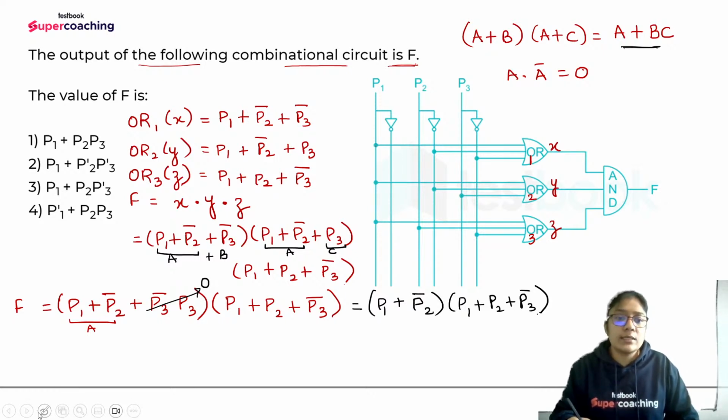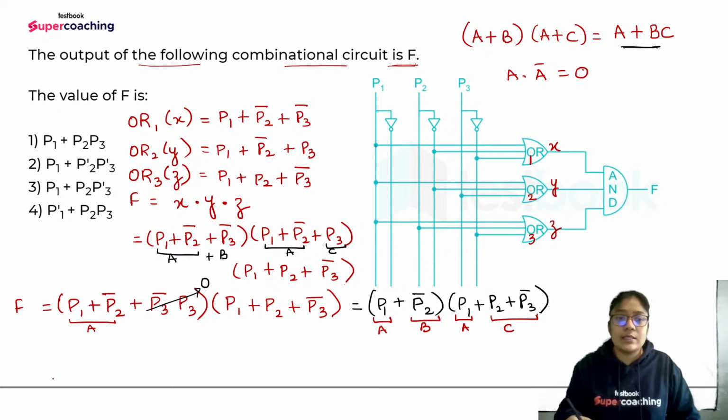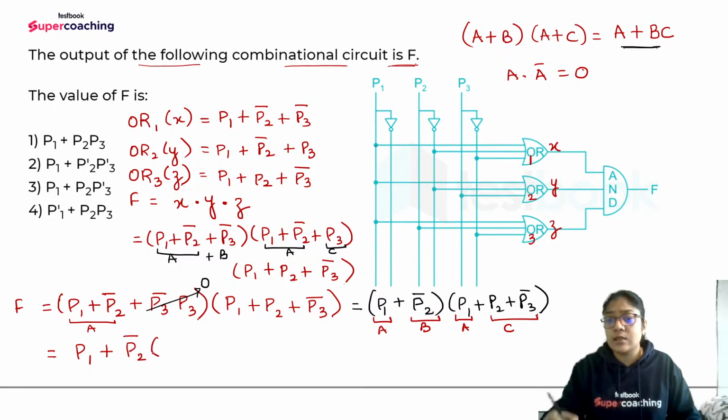Again you can apply the same concept. Here P1 is same, so I'm calling this as A, this as B, calling this as A because this is static, this is C. So again same formula A plus BC, so this comes out to be P1 plus BC. B is P2 complement and C is P2 plus P3 complement.